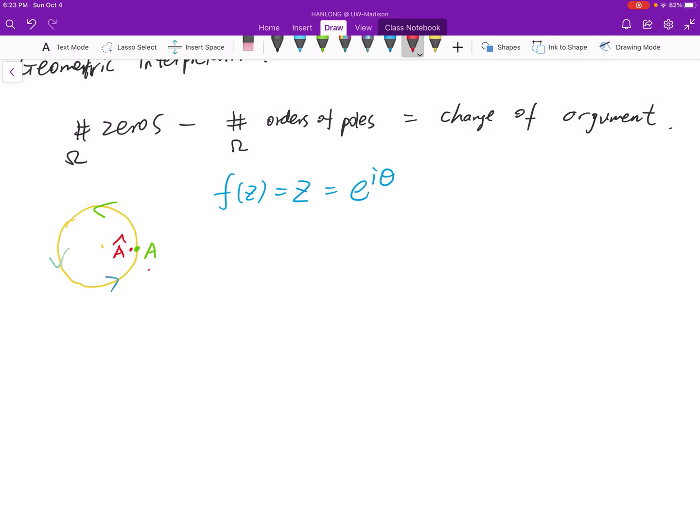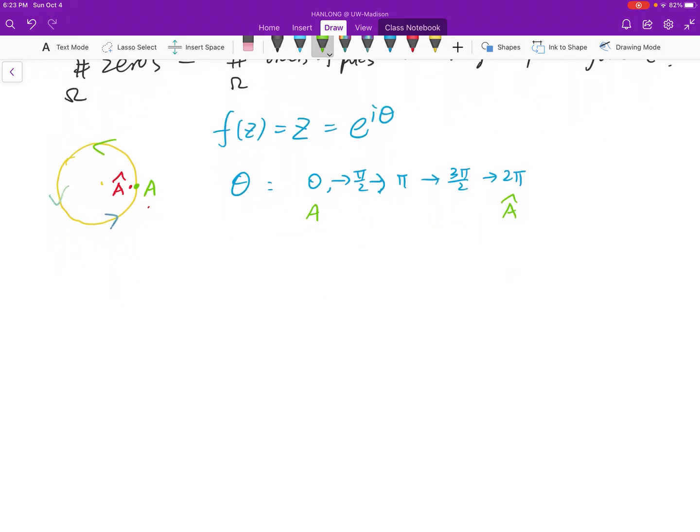Then your theta goes from 0, pi over 2, pi, 3 pi over 2, and finally 2 pi. So this is at point A hat. What is the change of argument? The change of argument is 2 pi minus 0, which is 2 pi.